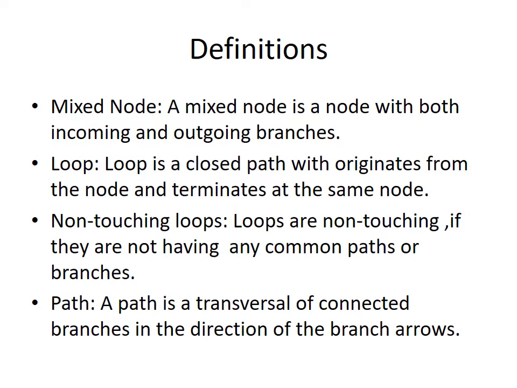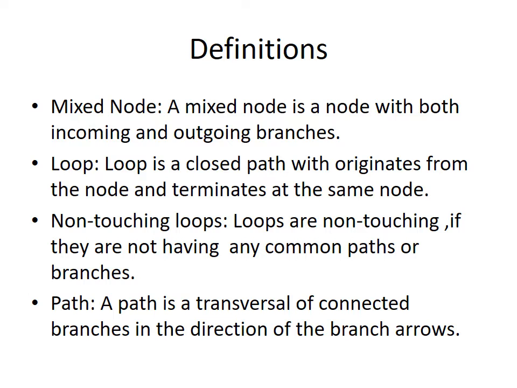And the next notation is path. A path is a traversal of connected branches in the direction of the branch arrows. So with respect to control systems, especially signal flow graphs and block diagrams, the direction of the arrow is very important.